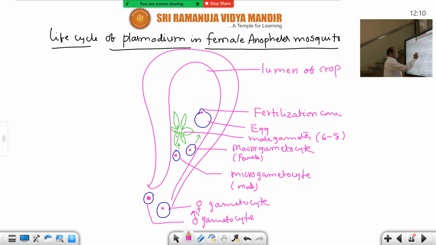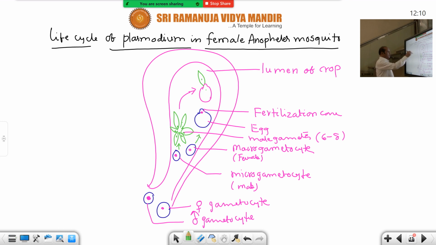And one of these male gametes comes, and at the fertilization cone it tries to enter. Here there is a nucleus. So both the nuclei united. Fertilization takes place.